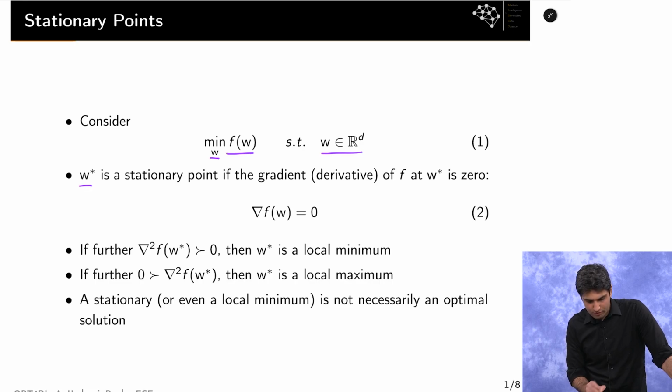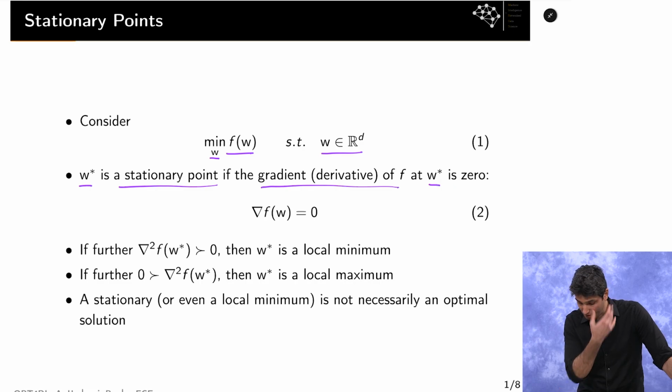So we say w* is a stationary point, or more accurately, a first order stationary point, if the gradient of the function, or essentially the derivative if you're more comfortable with that, at w* is 0. So that means that this condition must be satisfied.